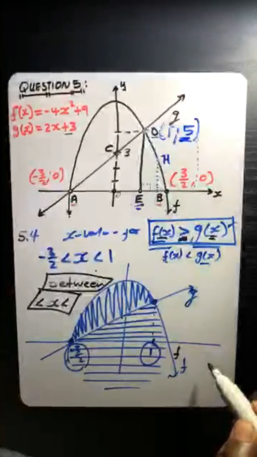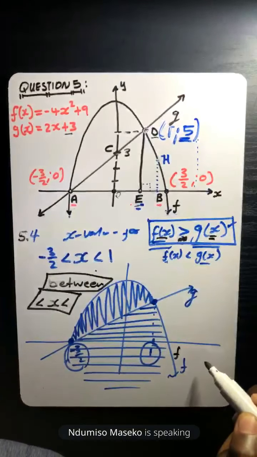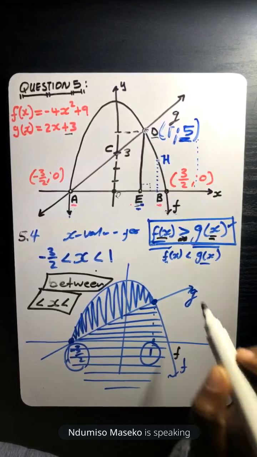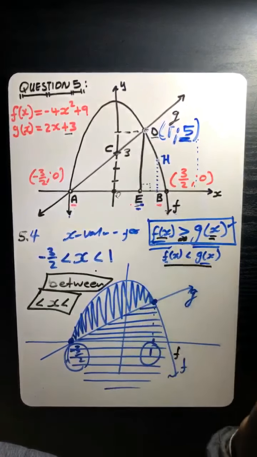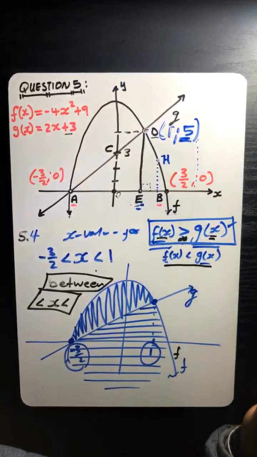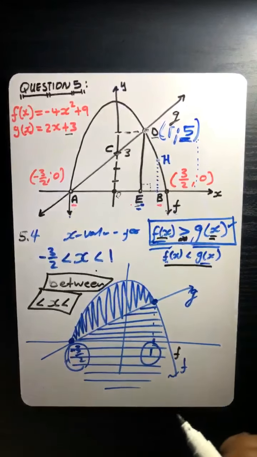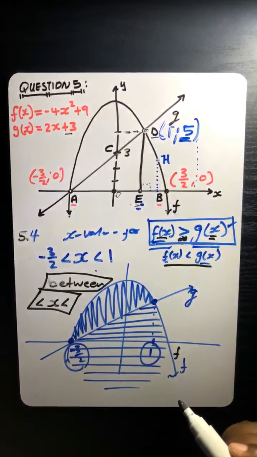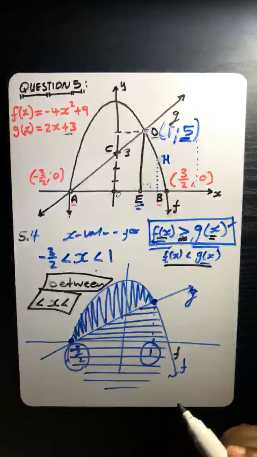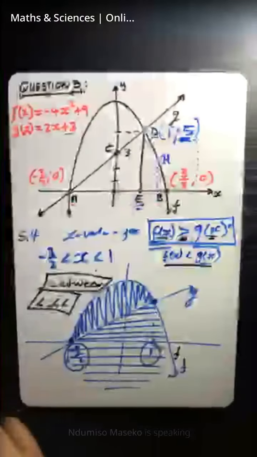Sir, if they were to say the f of x graph is less than the g of x graph, how would you represent it? Let's see. Okay, makes sense.